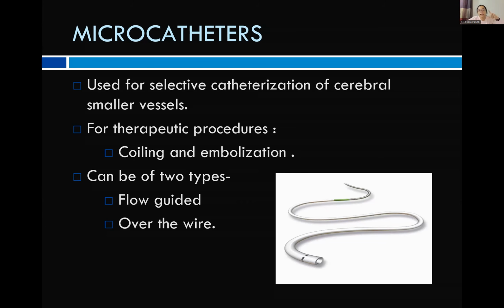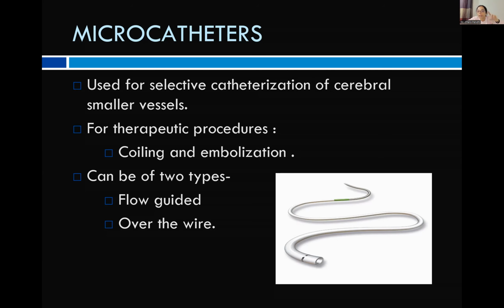Now we know that guiding catheters and the diagnostic catheters always have to be pushed over a wire, otherwise they might cause vascular injury. Although the distal tip is atraumatic, they can still cause injury. However, microcatheters, most of them have to be passed over the wire, but we also have flow-guided microcatheters. In this case, they move ahead just with the blood flow and they need not be pushed over the wire.